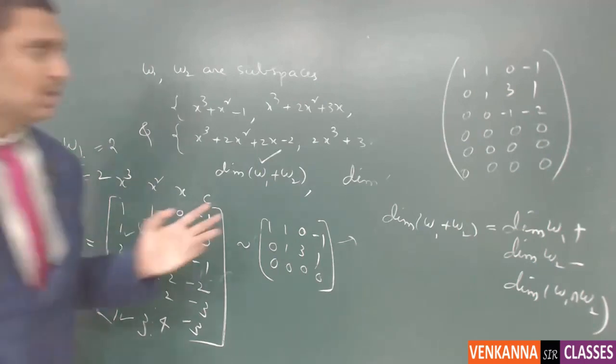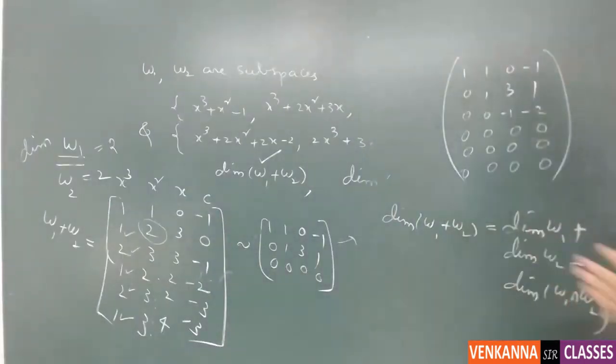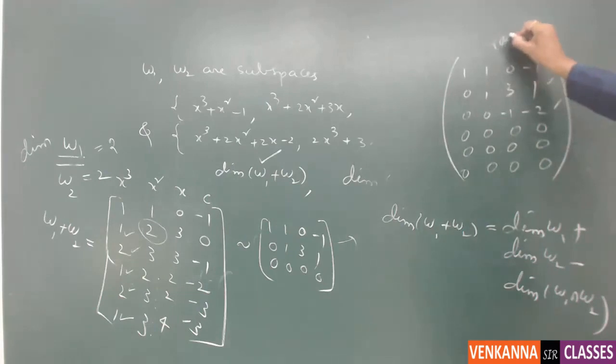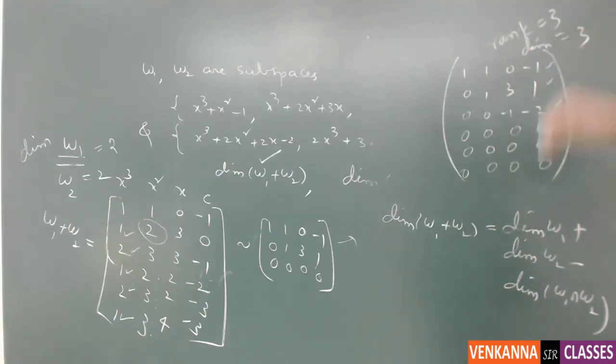So I will say, if you agree with my matrix, the final matrix that I got here, I got 3 rows as non-zero. So the rank of the matrix is nothing but 3. So the dimension is nothing but 3.